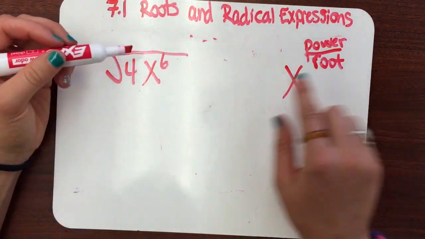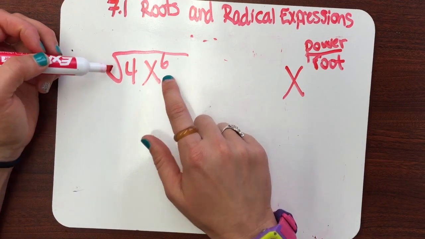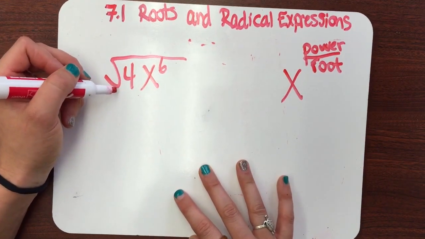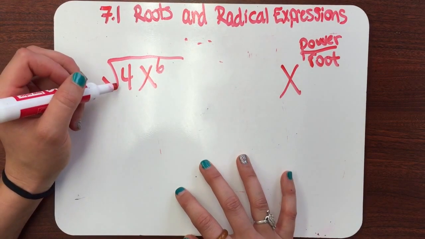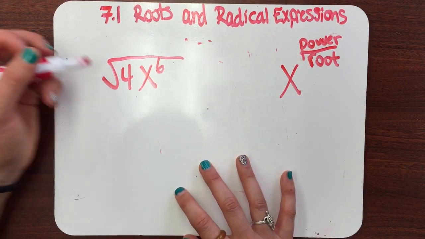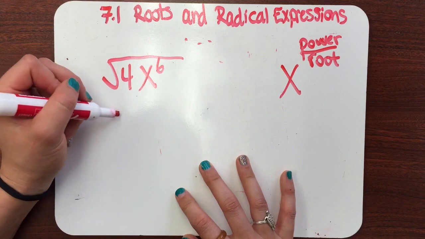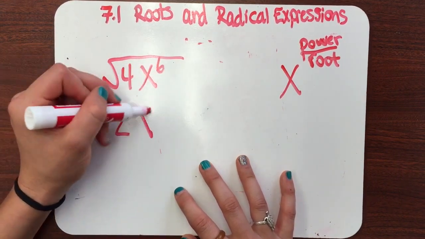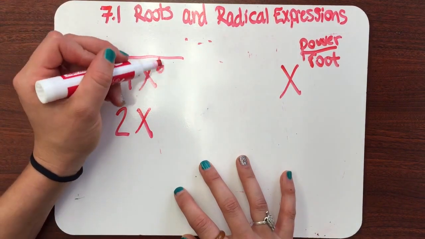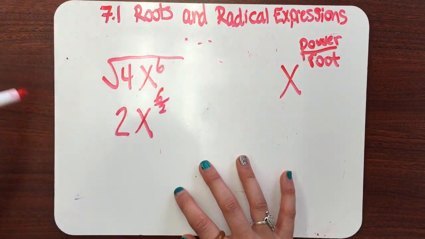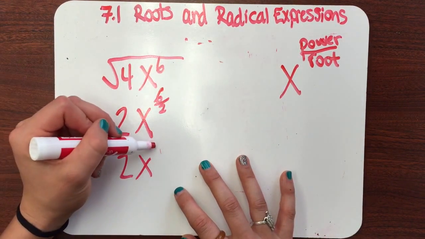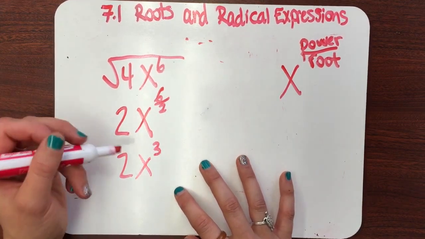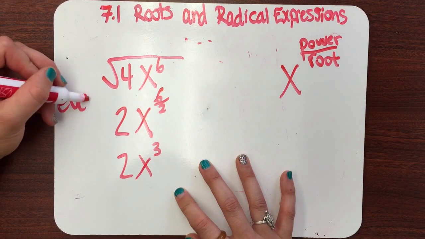For example, the power here is a 6 and the root is a 2. The positive value is called the principal root. So the square root of 4 is a 2. And if I'm doing the square root of x to the 6th, that's x to the 6 over 2, which is x cubed.